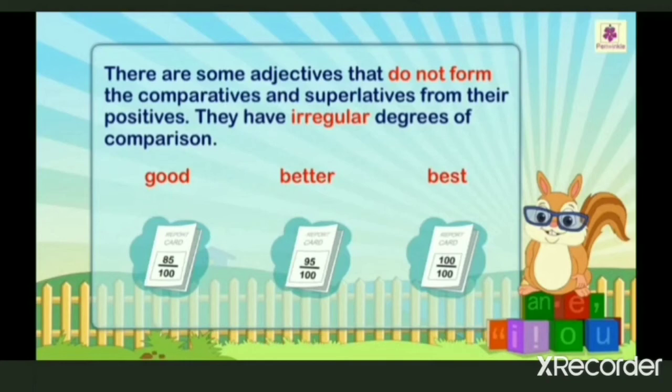In regular adjectives, we use er in the comparative degree and est in the superlative degree. But in irregular adjectives, we do not use the same pattern. Like here you see good, better, best. The spelling pattern is not the same as regular adjectives.